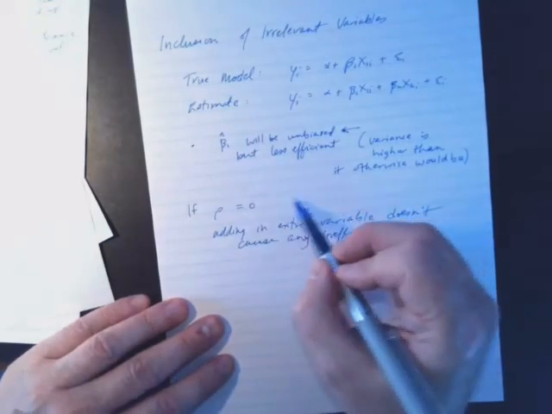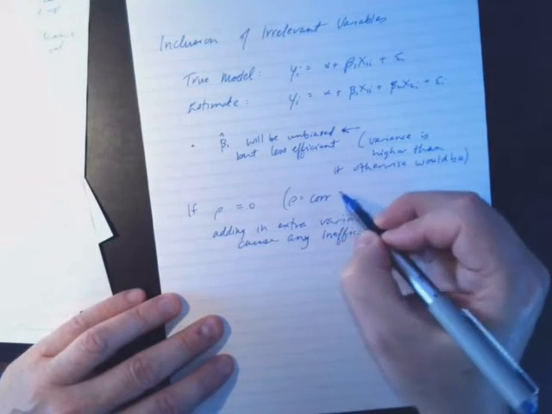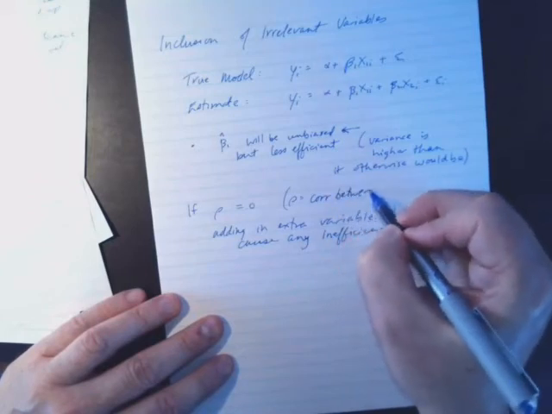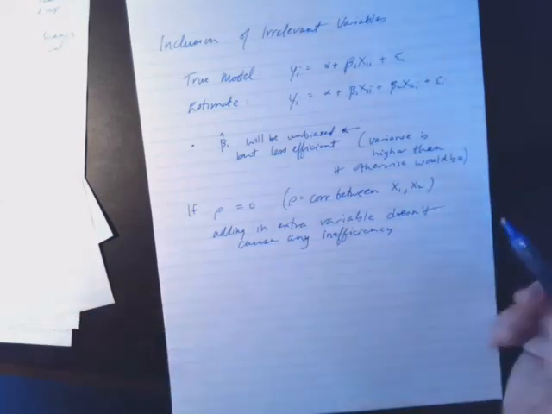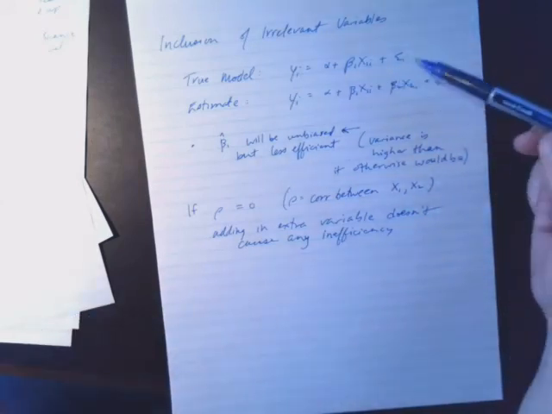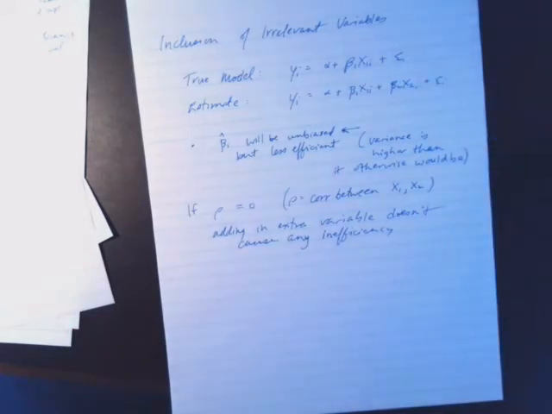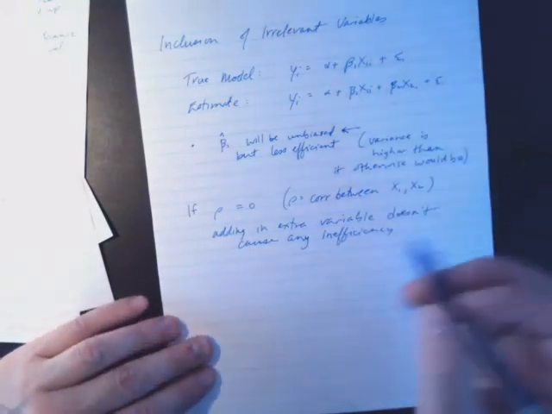And remember, rho equals the correlation between x1 and x2. So if x2 is uncorrelated with x1 and you include it and it doesn't belong in the model, no harm done. It doesn't cause bias, and doesn't lead to any inefficiency.